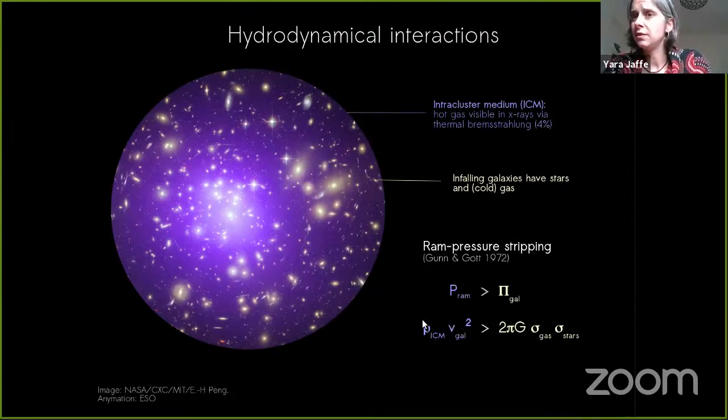The density of the intracluster medium, which we can derive from X-ray observations, and the square of the velocity of the infalling galaxy, which we can derive from the redshift of the galaxy. Of course, that's a line of sight velocity, but it's a projected velocity essentially. And in terms of the anchoring force of the galaxy, we can model it by assuming a certain mass density for the gas and the stars, for example, a disk profile.